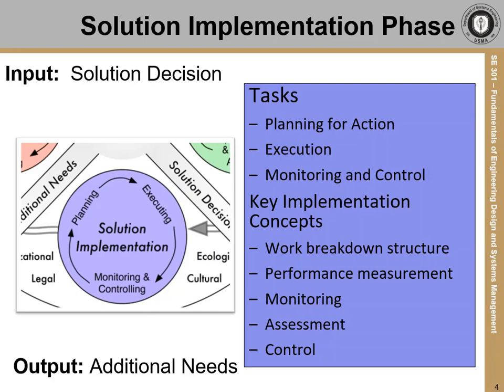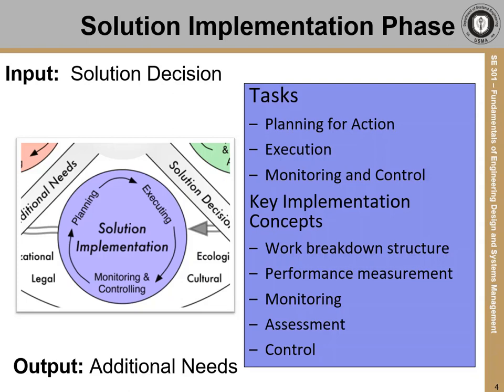In order to determine how to translate the decision into action, we have 3 tasks that comprise this phase. First, planning for action involves determining the people, tasks, resources, schedule, processes, and interactions that are all aspects of the project that implementing the solution is equivalent to.